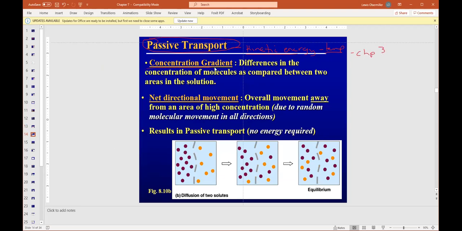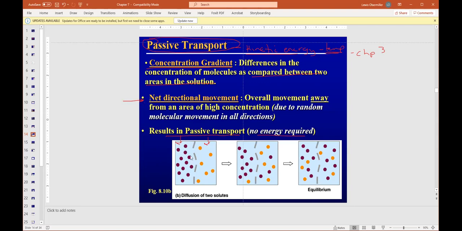We talked about the concentration gradient, high to low. We're comparing two areas in the solution, high and low. And like we said, it's passive. The energy is already there in the kinetic energy, just because there's a temperature above absolute zero, and there's going to be a net movement.